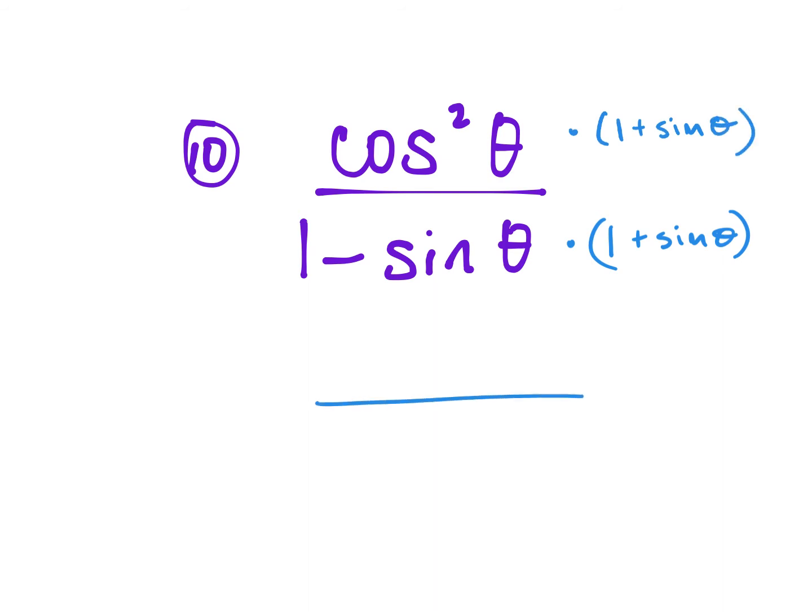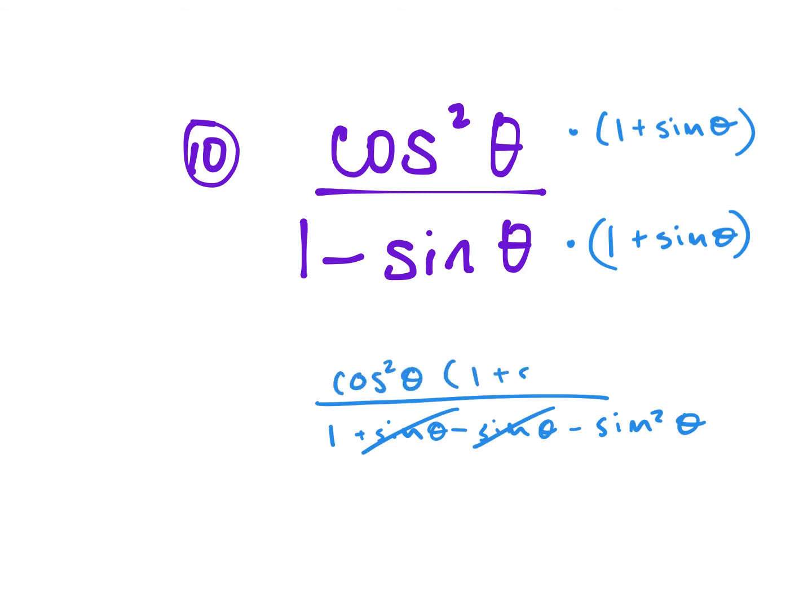So on the bottom, I'm going to FOIL it out. So I have 1 plus sine minus sine minus sine squared. Awesome. The 2 sines cancel. On the top, I just have cosine times 1 plus sine. I'm not going to distribute it out yet, just in case I get something to cancel.